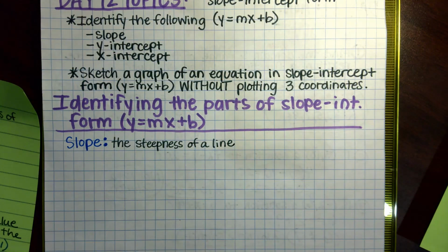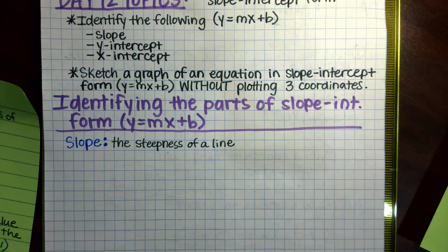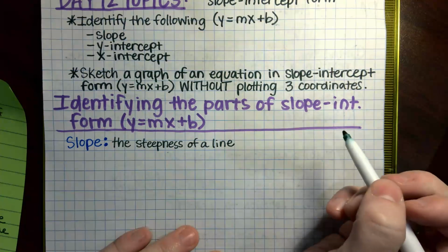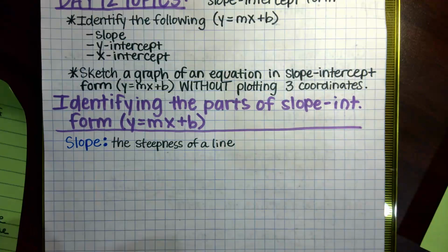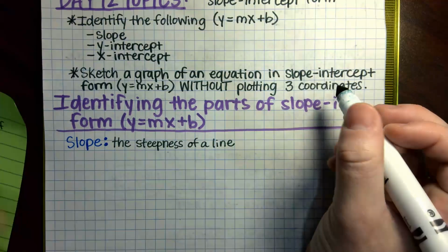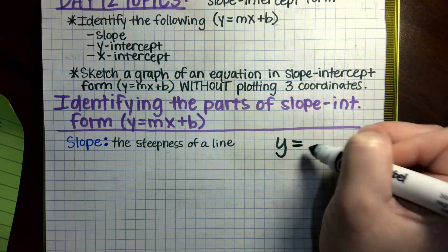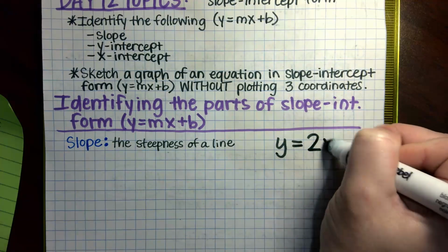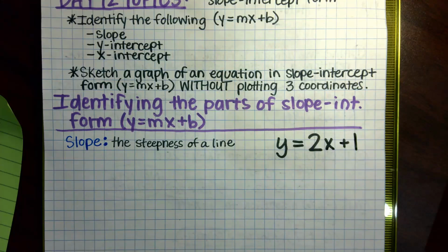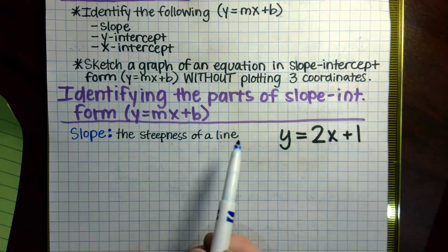All right. Now, whenever we're looking at any of these parts that we're going to identify, let's reference one equation so that we can identify the parts together. I'm going to write over to the side here, y equals, this is just an example, 2x plus 1. Okay, so when we're looking at slope, slope is the steepness of a line.